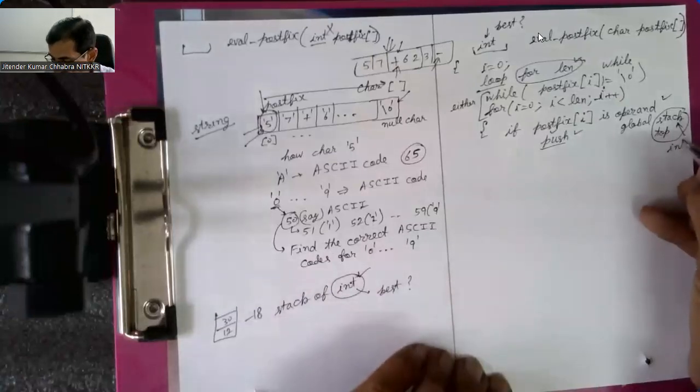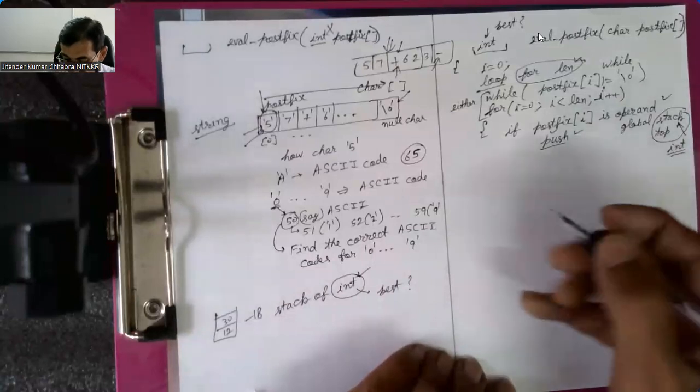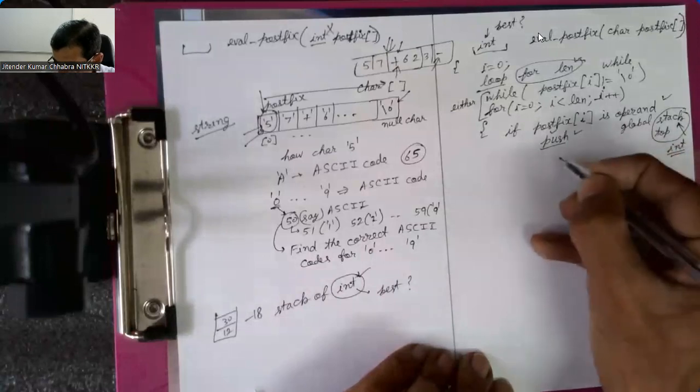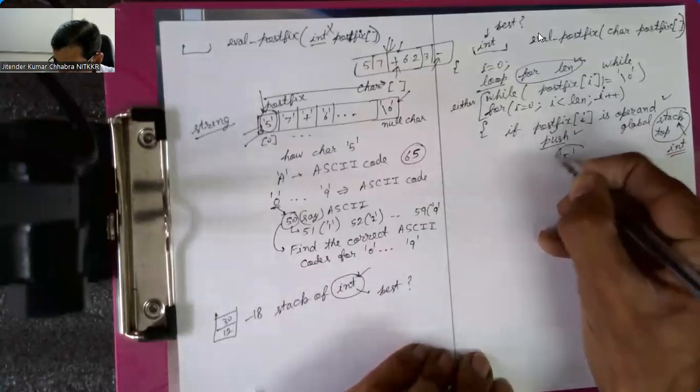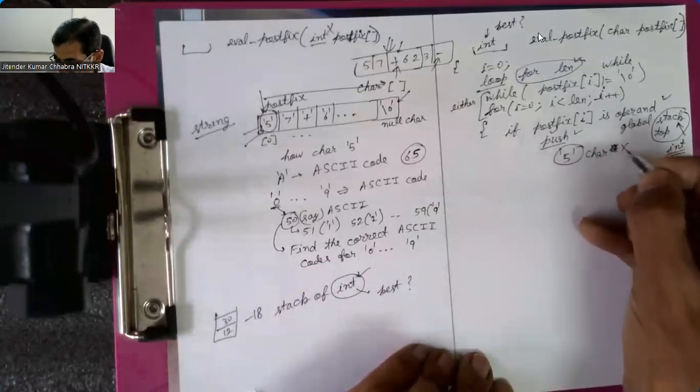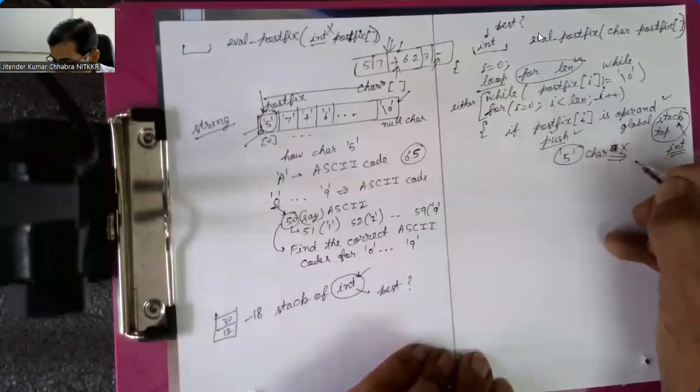So you could take your int stack, but now the challenge comes. You are pushing character 5, and this character 5 should not be directly pushed as it is. It should be stored as integer 5.